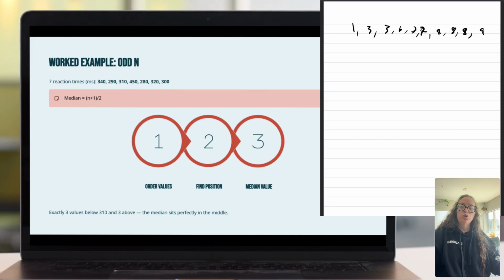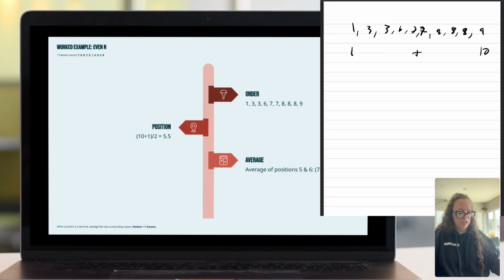Okay. Step 2 is find the position. So what are the total values? 10. Okay. So you're going to start from position 1 and then all the way to position 10. Okay. 1 plus 10, and then you're going to average that. You're going to take the average of the position by dividing by 2.